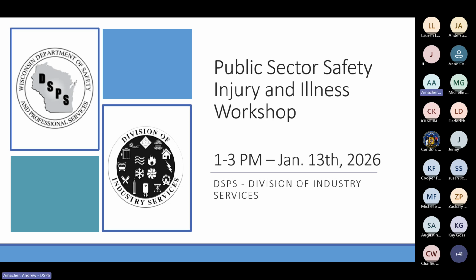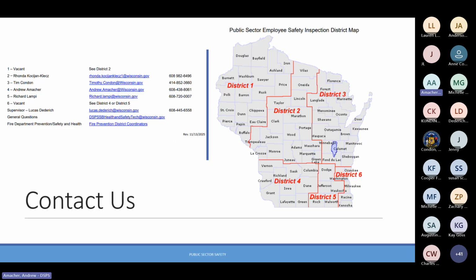All right, so we went over the website. Again, I'll post this on here for a minute or so for people to take a look at. This is the current district map here. Another thing to highlight is that we do have a tech box. It's listed right down here at the bottom, general questions, DSPS, SB, health and safety tech at wisconsin.gov.